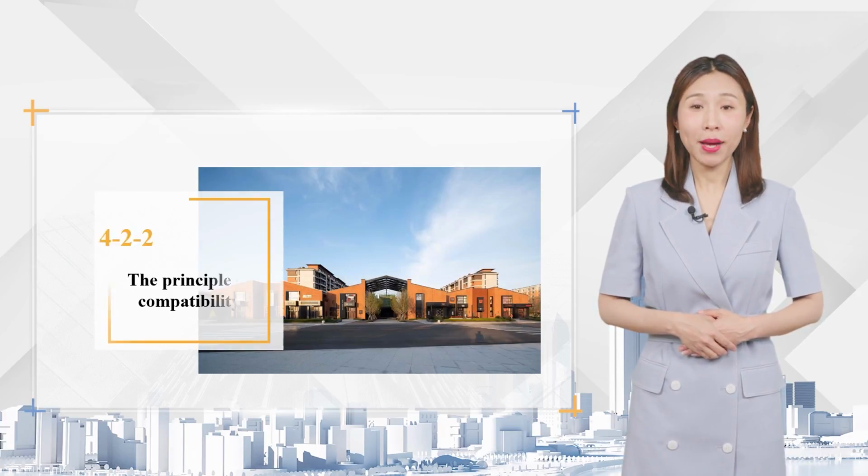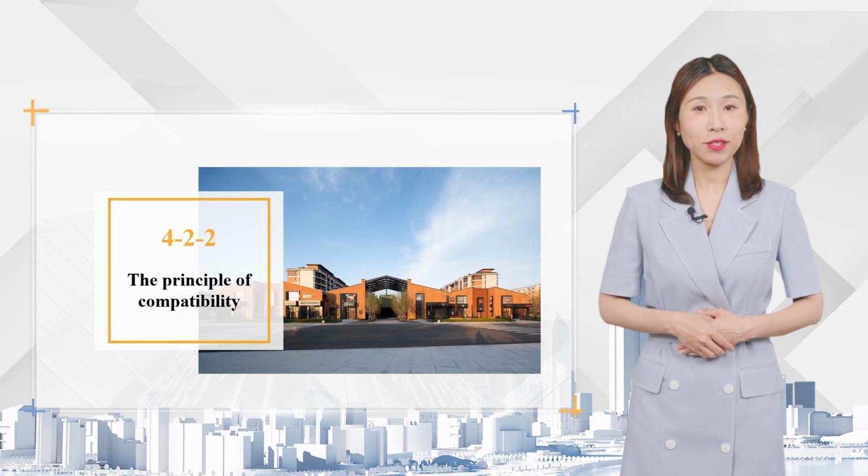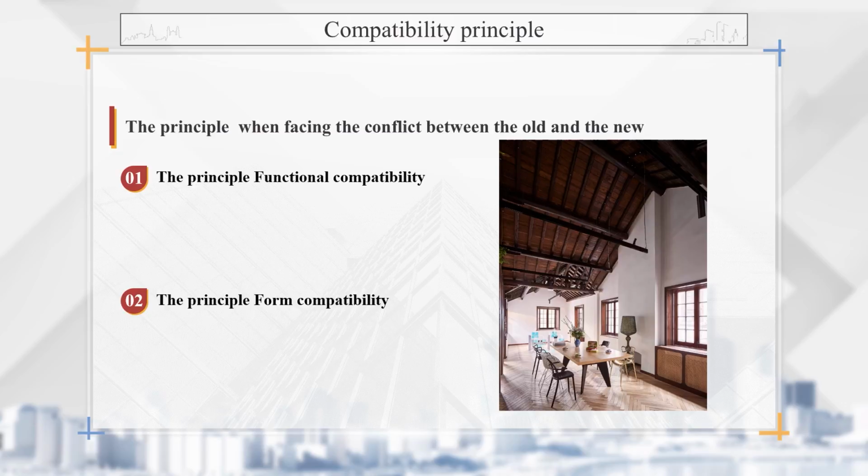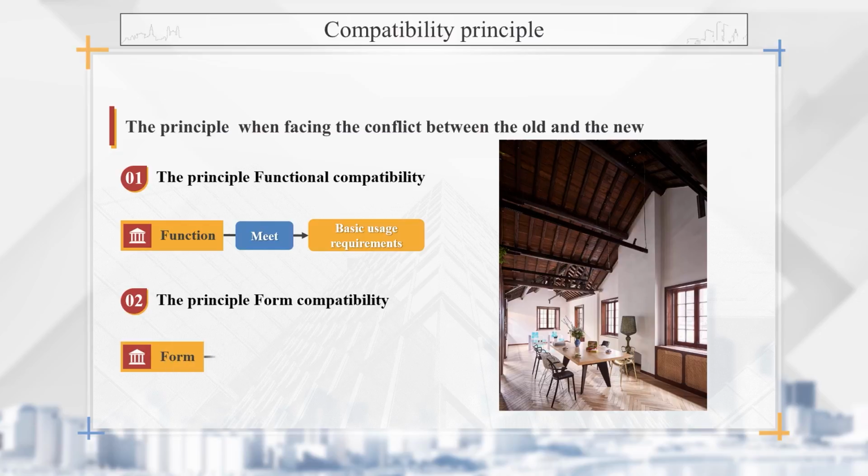What is the compatibility principle of historic building protection and utilization? You should be clear. The design of preservation and reuse of historic buildings mainly involves function renewal and overall form renewal. The function satisfies the basic use requirement, while the form is towards emotion and context appeal.